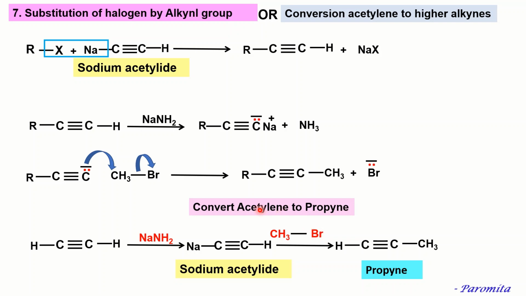So this Br and this Na will be given out and this place will be occupied by CH3. So we will get propyne. So this is a method of step up of an alkyne. So here we have learned the step up of an alkyne using alkyl halide.